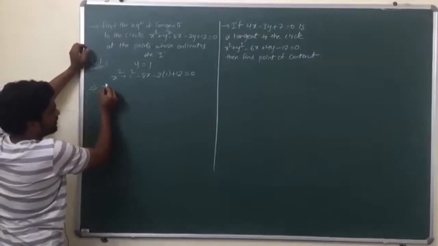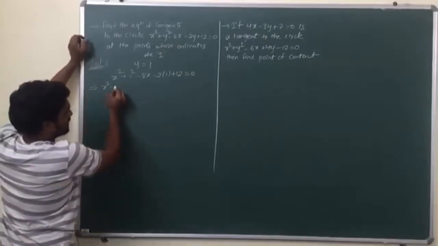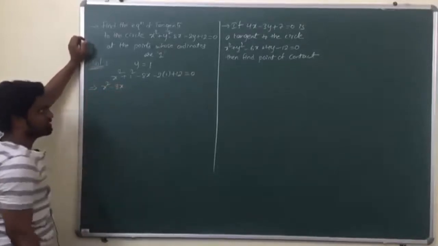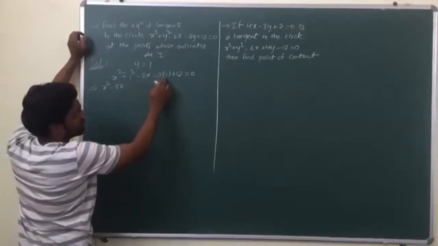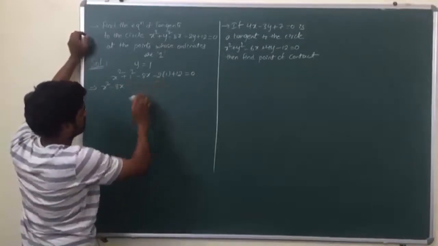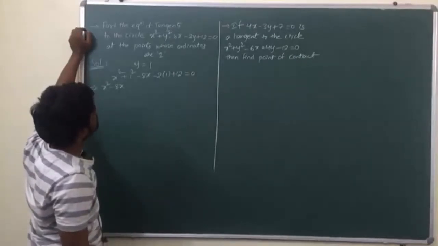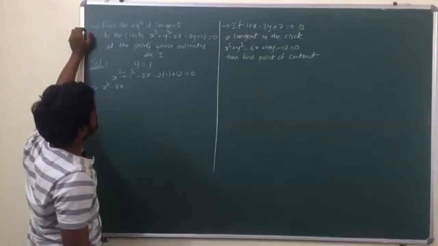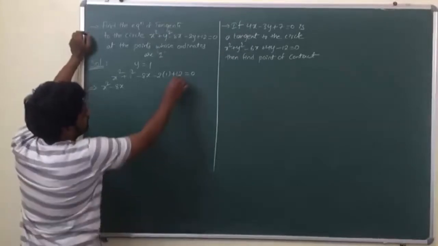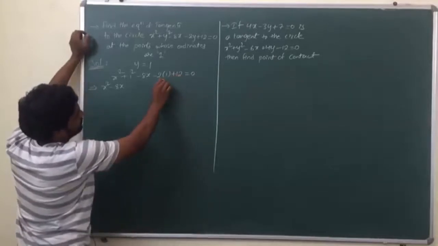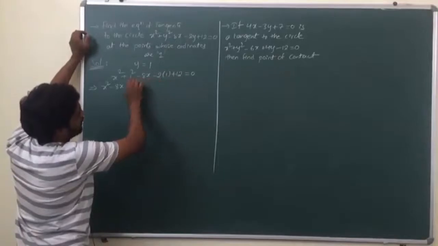So x square minus 8x, 1 minus 2 minus 1, 12 minus 2 is 10, 10 plus 1 is 11.